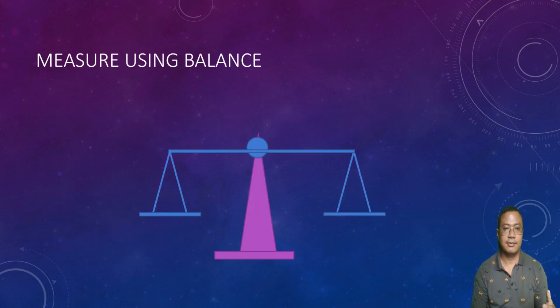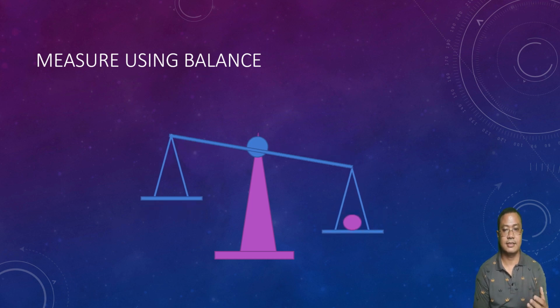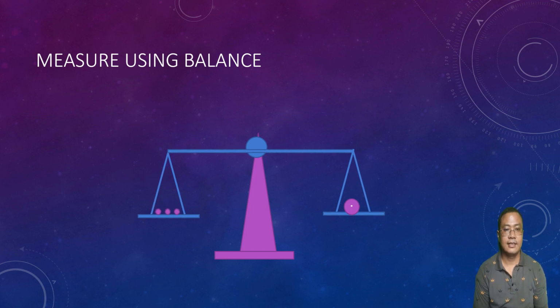Let us understand this from a very familiar day-to-day situation: buying things on a balance, measuring weight. We want to measure the weight of this ball, and we keep on comparing with the standard unit. Suppose the weight of the ball is 3 kg, then we put 3 kg on the left hand pan of the balance, and exactly balance is met.